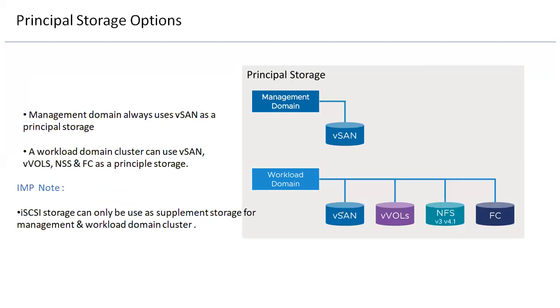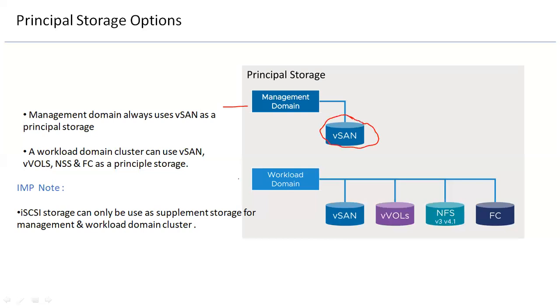So moving ahead, let's understand the difference: what kind of storage could be supplemental and what kind of storage could be your principal storage. For the principal storage in the management domain, vSAN is always the principal storage.